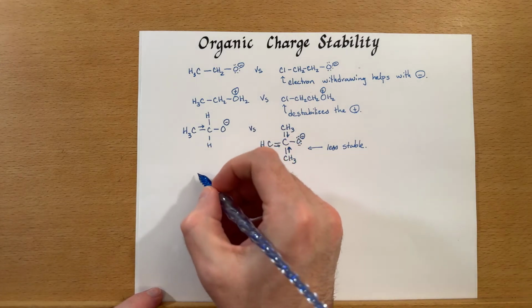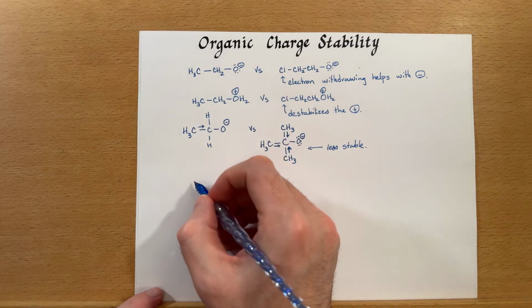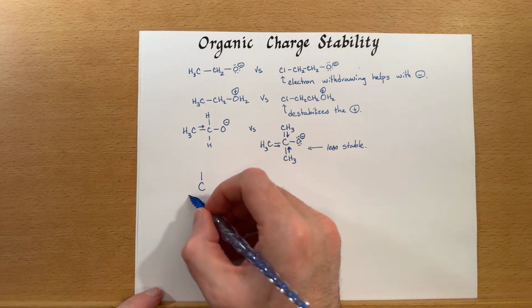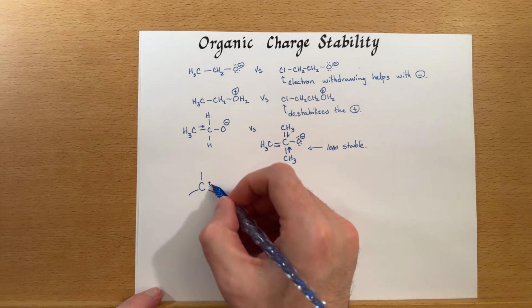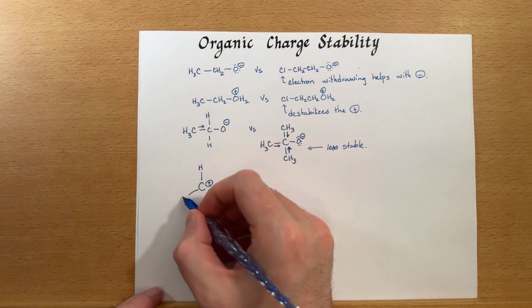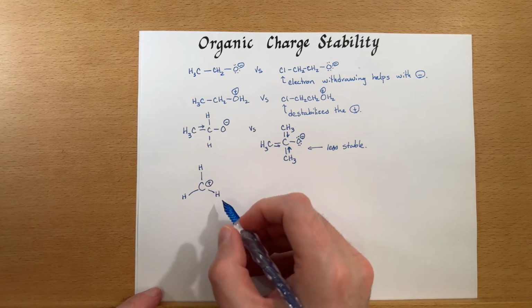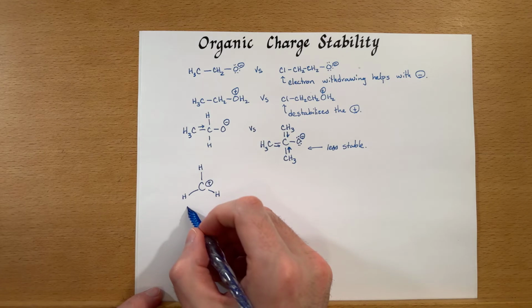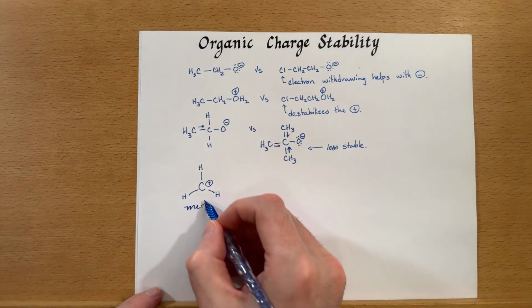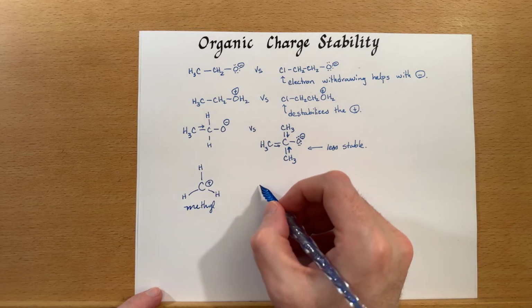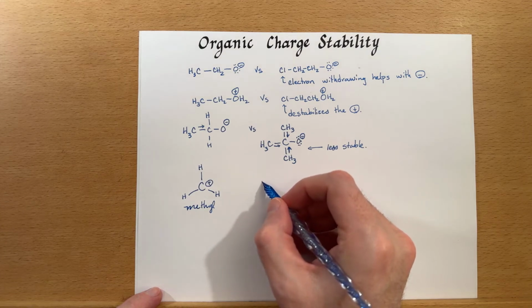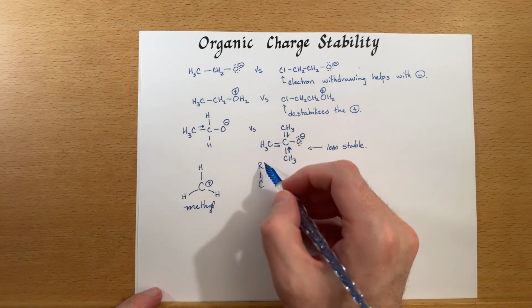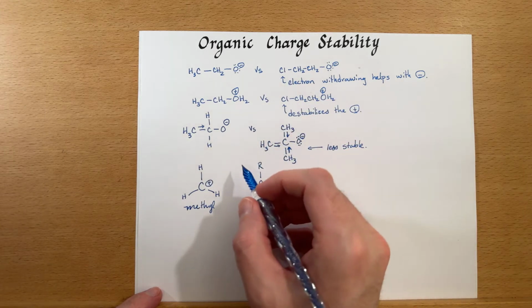Now, let's look at carbocations. So we're going to use this extensively in organic chemistry. So we have a methyl carbocation, and then we could have a primary carbocation, which has some carbon group, some CH3 or CH2CH3, or whatever we want.